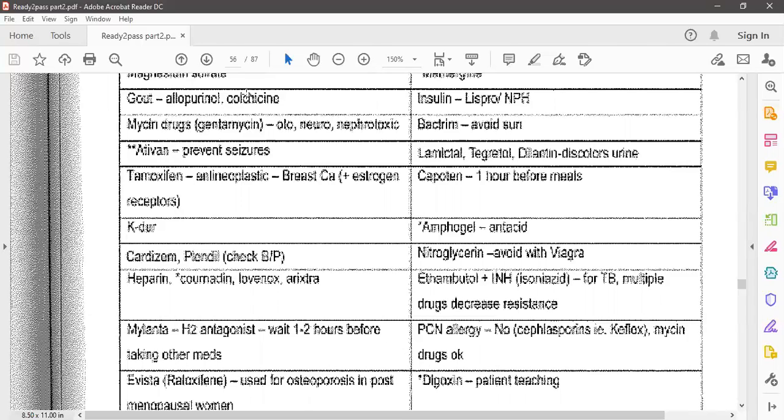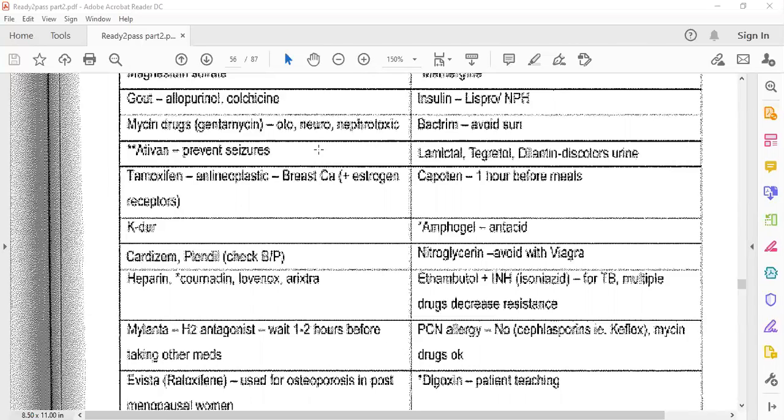What next? Next is called Ativan. Ativan basically we use to prevent seizures, right?